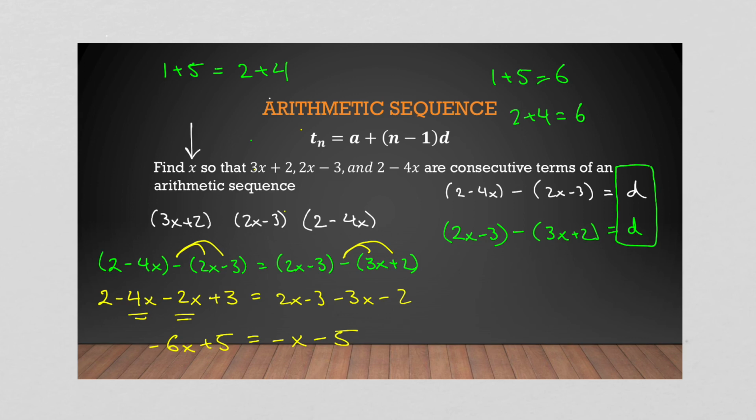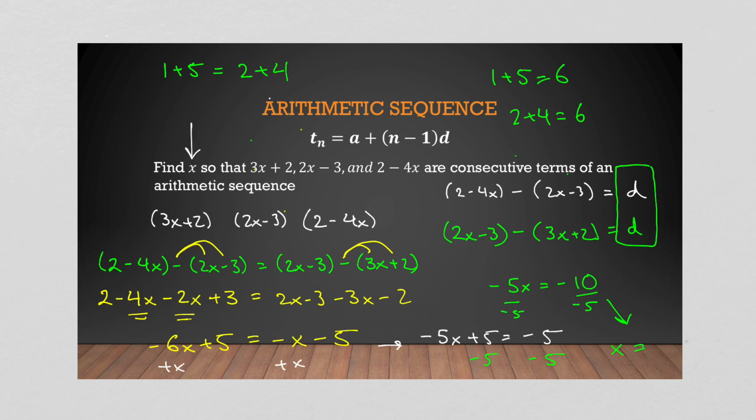The last step is to get our x's on one side and non-x's on the other. So I'm going to add x to this side and add x to this side, which gives me negative 5x plus 5 equals negative 5. And then I'm going to subtract 5 from both sides. And that gives me negative 5x equals negative 10. My last step is to divide both sides by negative 5. And we have solved for x.